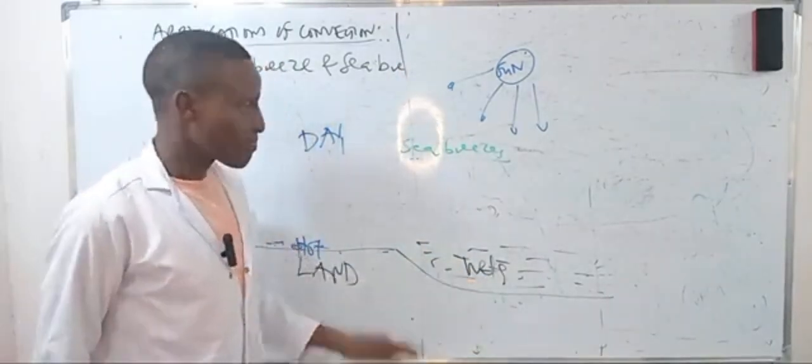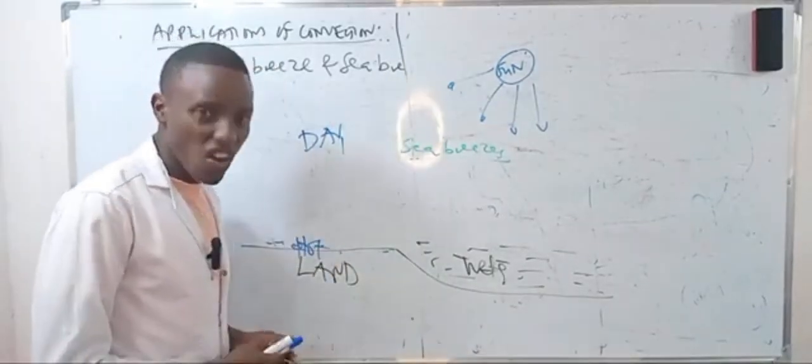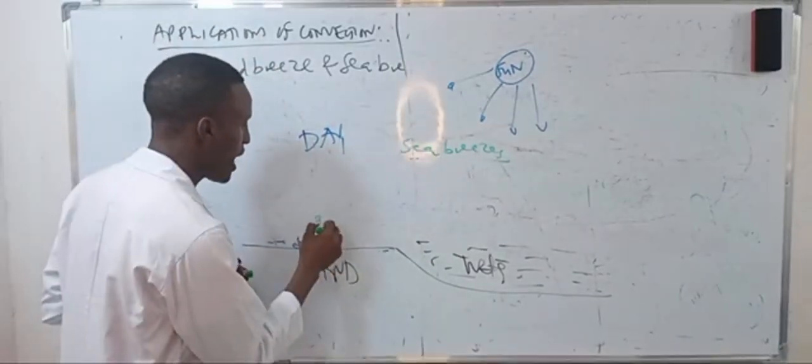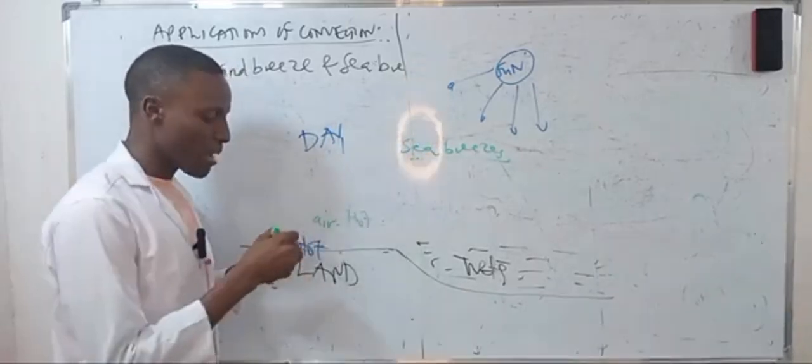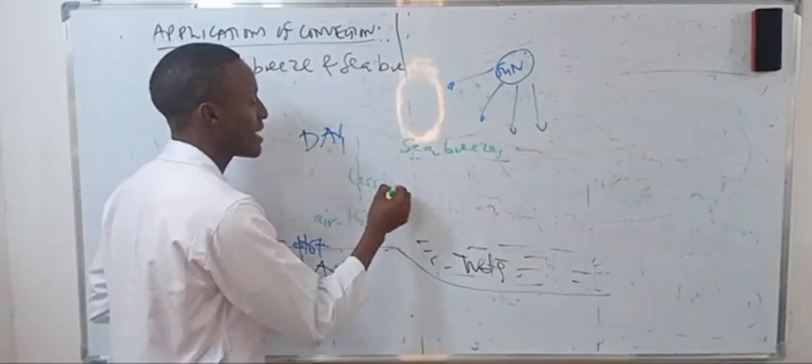So what happens here? The land is hotter, so the air above it is hotter. As it becomes hot, the air rises because it becomes less dense.